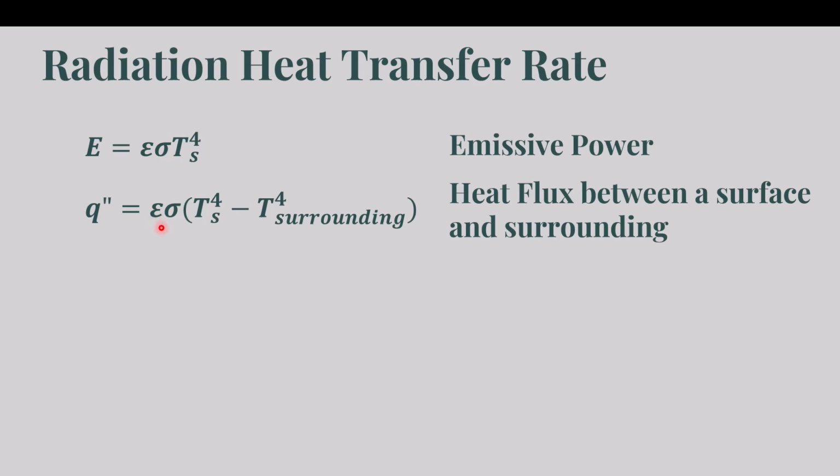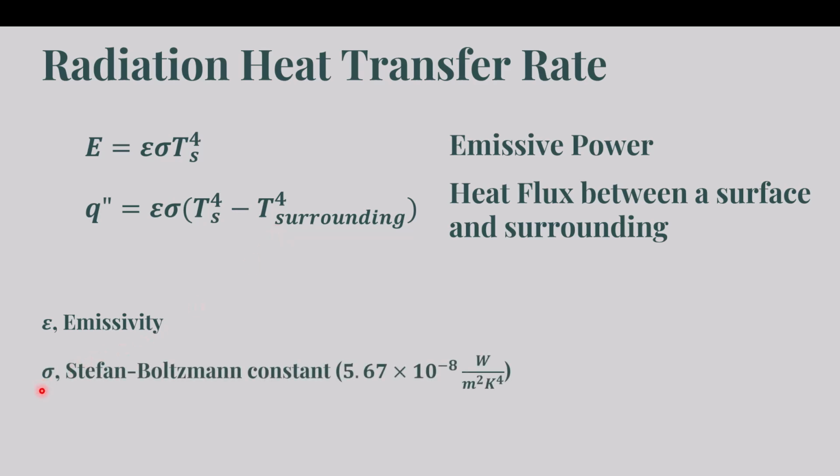It is equal to epsilon times sigma times T to the power of 4 minus T surrounding to the power of 4. Epsilon is emissivity, and sigma, as I said, is the Stefan Boltzmann constant. It is equal to 5.67 times 10 to the power of negative 8, and its unit is watts per square meter K to the power of 4.